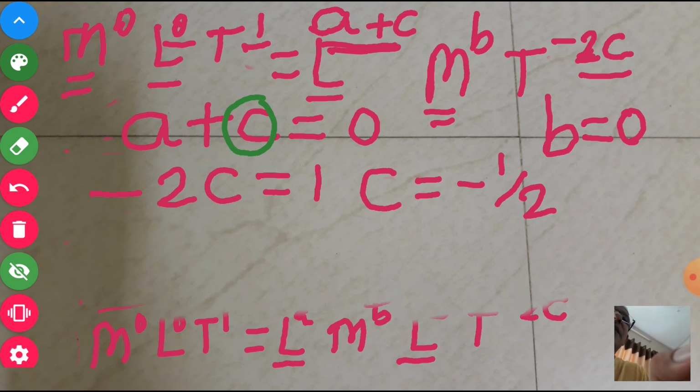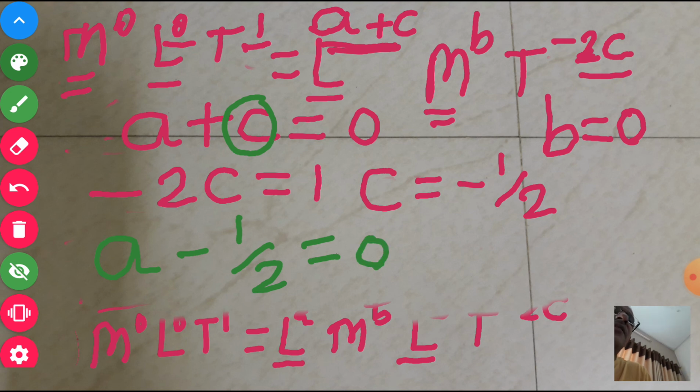So we can write A minus 1 upon 2 is equal to 0.